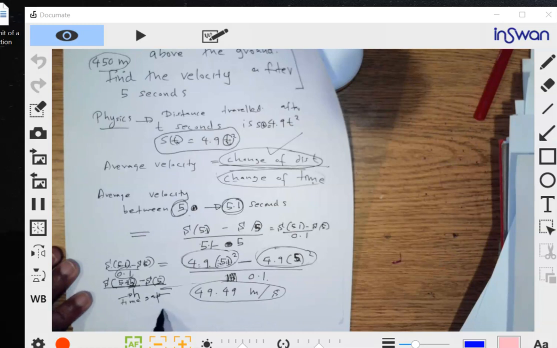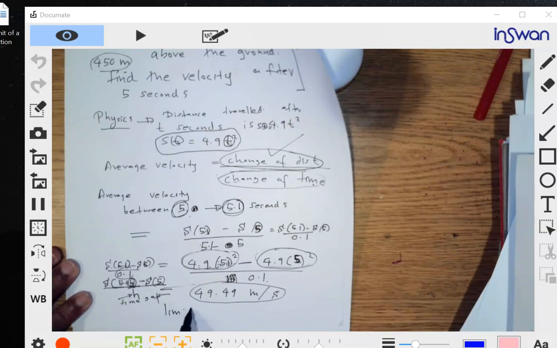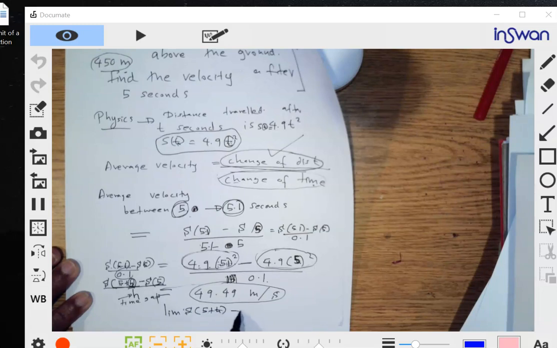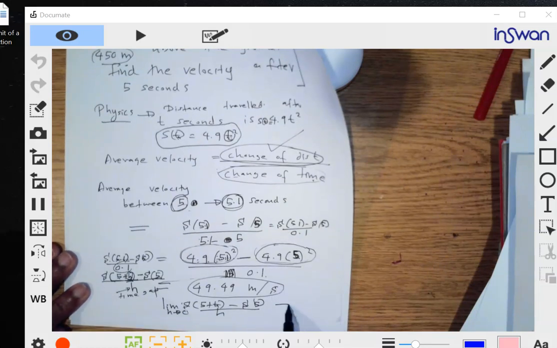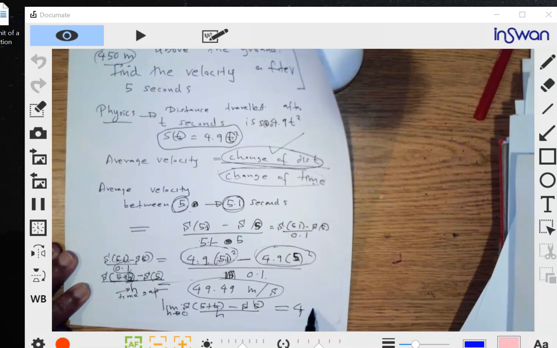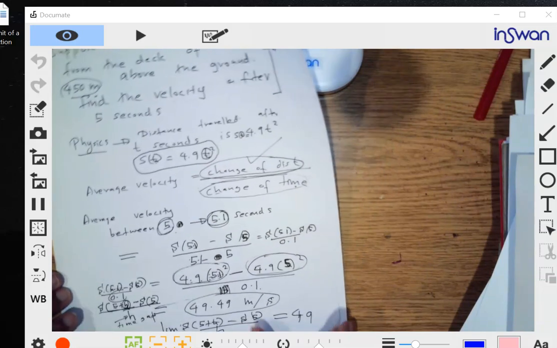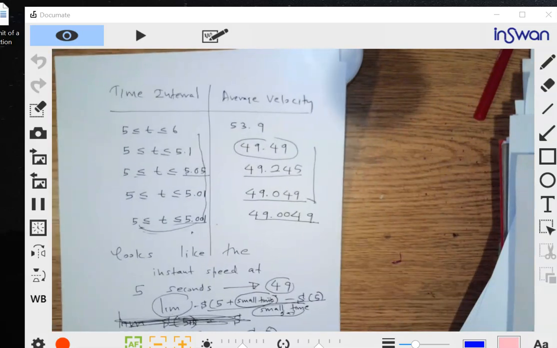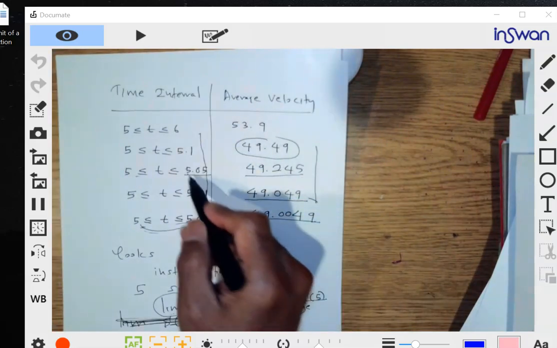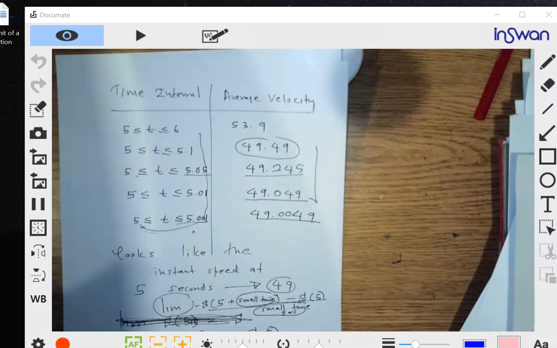And we showed that if you take the limit of this as the time gap goes to 0, we got 49, as we saw from the chart, because this was heading towards 49 when the time gap becomes smaller and smaller.